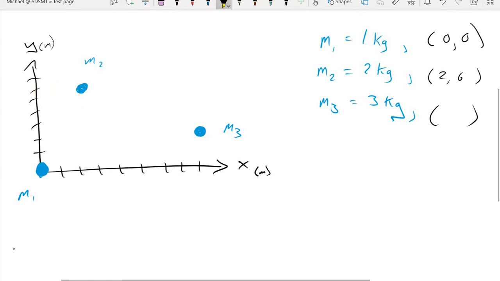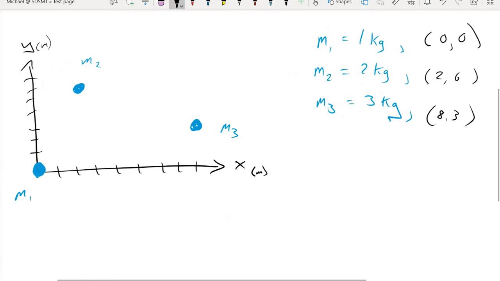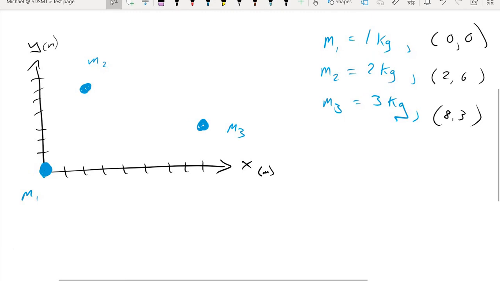Mass 3 is at 8, comma 3. We'll move mass 3 up just a smidge so that it's actually at 8, comma 3. And we want to know where the center of mass for this system is.